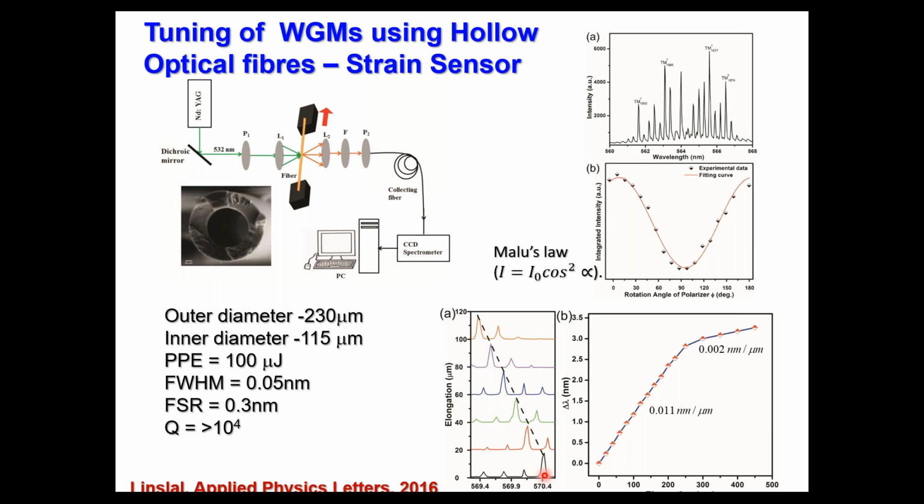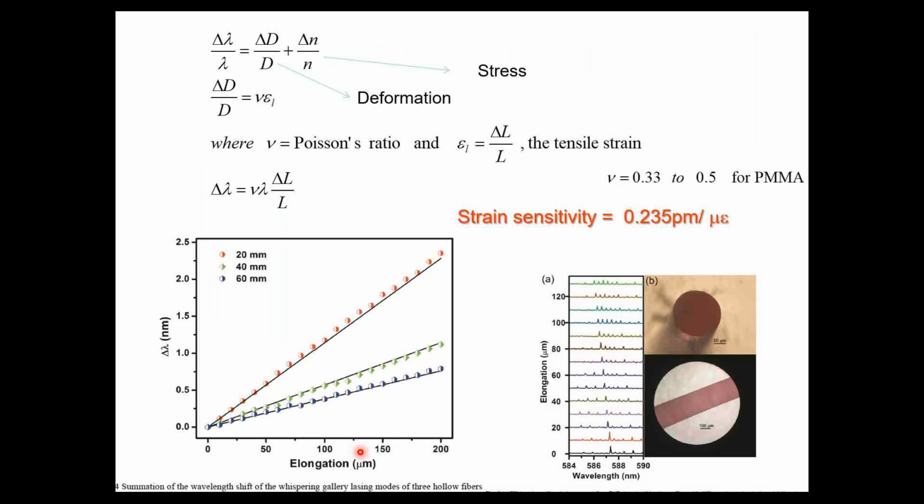And you can see that there is a shift in the spectrum. You have to follow a particular peak in the spectrum from the spectrometer, and you can note the variations in the shift of the peaks. So that can be used for sensing strain.